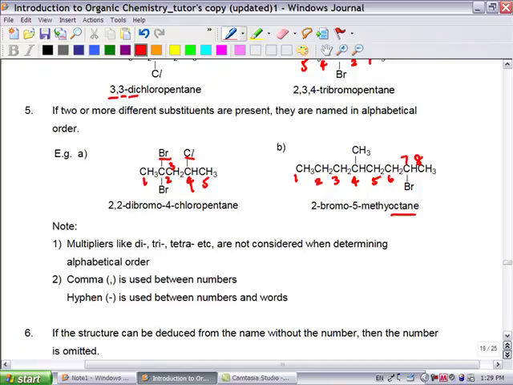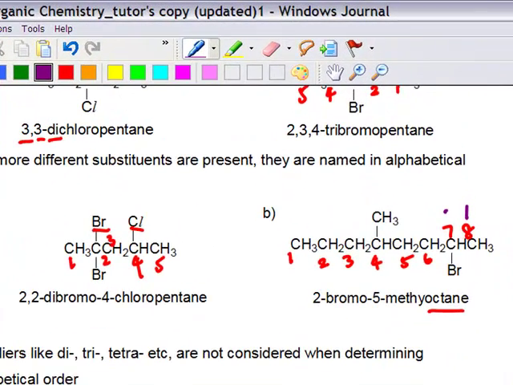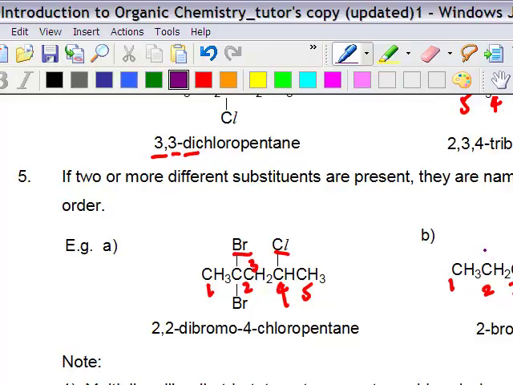So instead of the current numbering of 1 to 8, we should do the other direction. 1, 2, 3, 4, 5, 6, 7, 8. Hence, the bromo will be at the 2nd carbon, and the methyl will be at the 5th carbon. Hence, it's a 2-bromo-5-methyloctane.